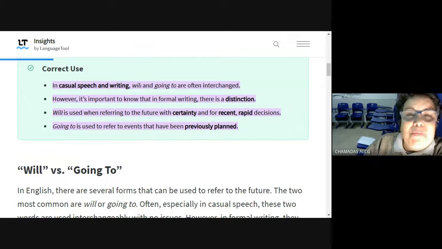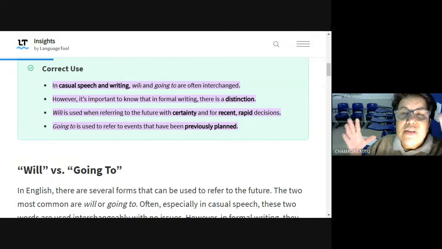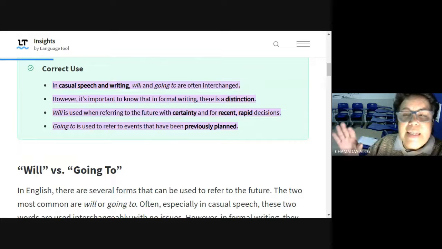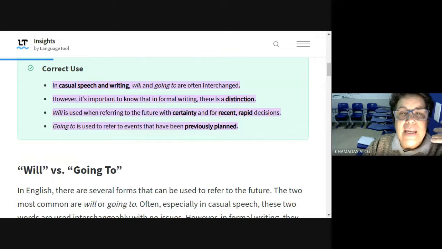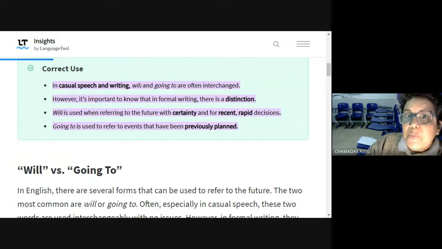Usually, when we make predictions, we use will, okay? Because when we make a prediction, we are like trying to see the future. So we imagine, oh, usually when we use will, we say words like I think, perhaps, maybe.